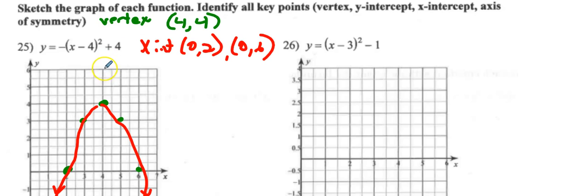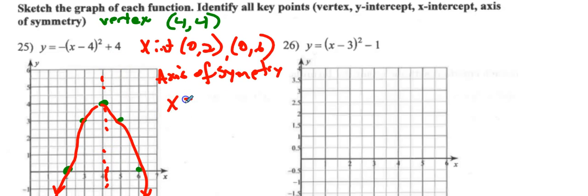So that looks kind of like this. And that's always going to be, for what we're doing right now, x equals whatever that value is, which is 4.